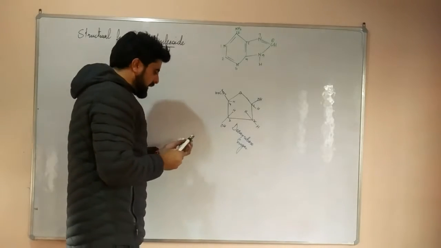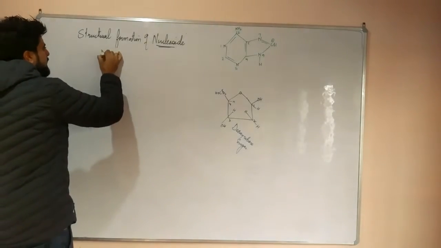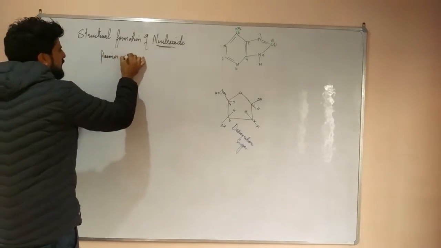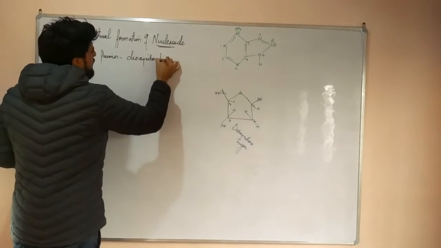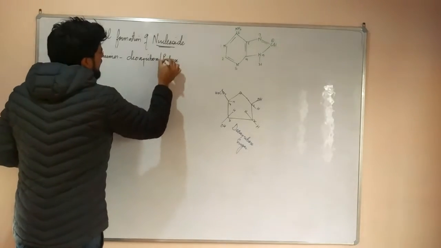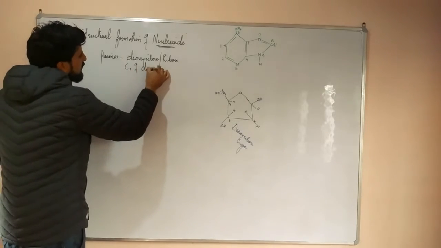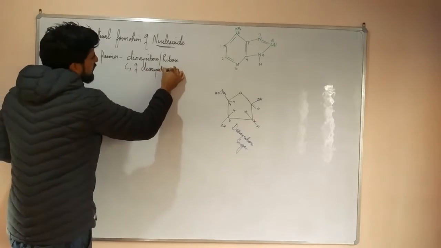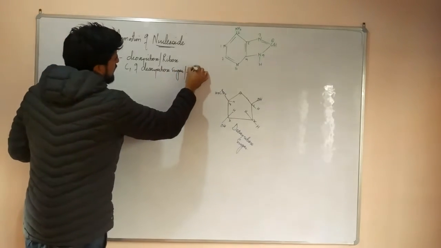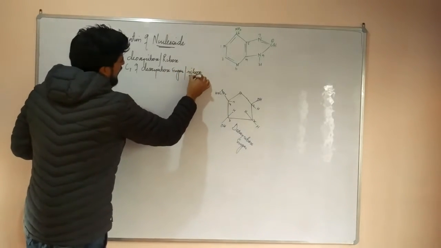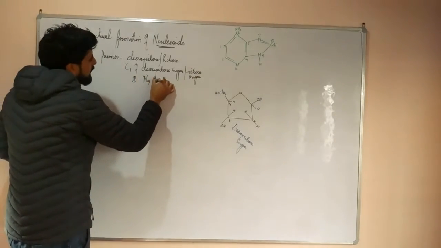Now the bond between them, as we have discussed in our early lecture: purines, when combined with deoxyribose sugar in case of DNA or with a ribose sugar in case of RNA, the bond is always between C1 of the deoxyribose sugar, or we can also call it the ribose sugar, and N9 of the purine.